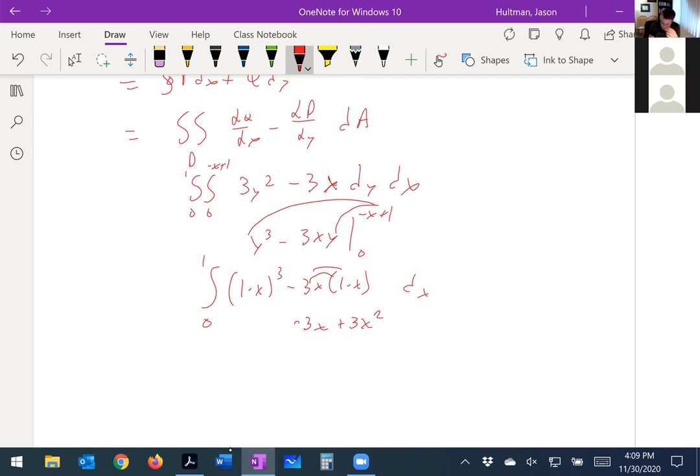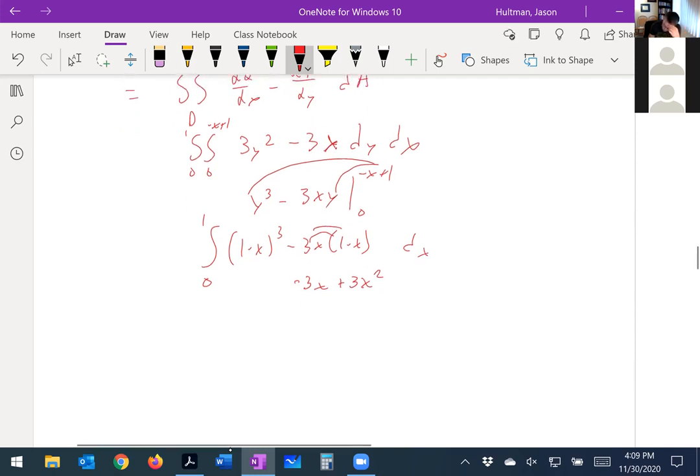Maybe I'll break it up like this: the integral from 0 to 1 of 1 minus x cubed dx, plus the integral from 0 to 1 of dx, plus the integral from 0 to 1 of negative 3x plus 3x squared dx.